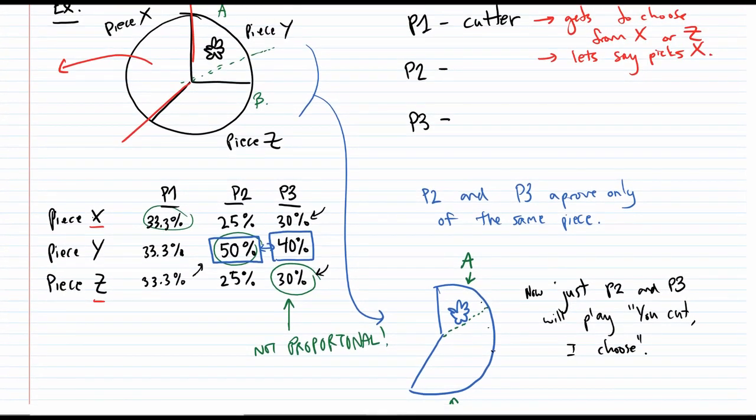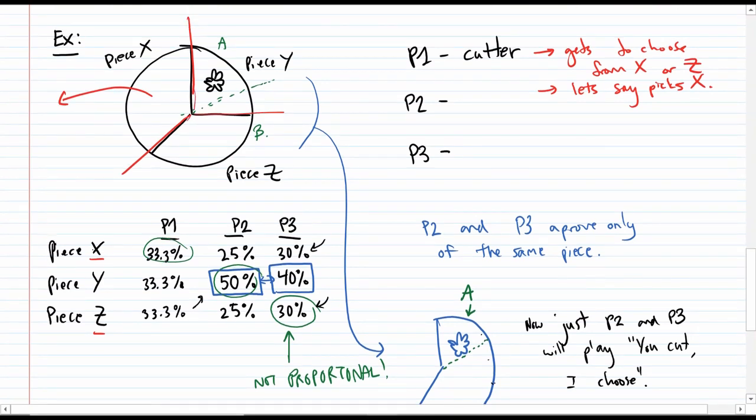Well, think back to the original division. Player 1 thought that the original 3 slices were all equal. But look what player 2 did once he recut it. He gave that extra little piece over there.